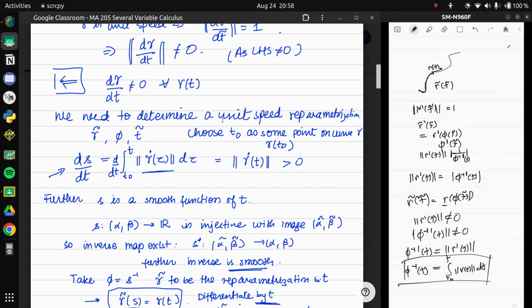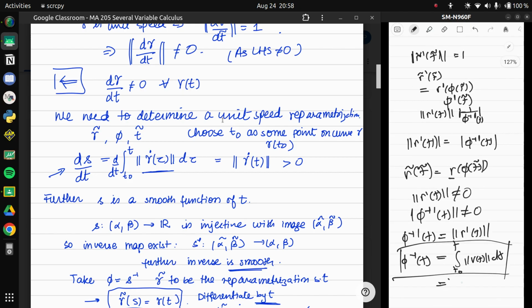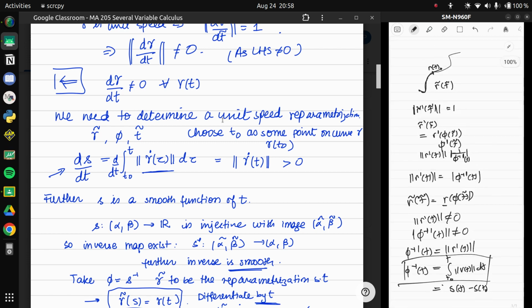Right. Hey, so this thing is actually very much familiar, isn't it? Yeah. Okay. So this is the arc length, in fact. So it's just s of t minus s of t0, isn't it? Yep. That's how it is. So then you know what phi inverse is, right? So what we can do is just rewrite this whole thing as r tilde of phi inverse of t is equal to r of t. So now you know what r of t is.